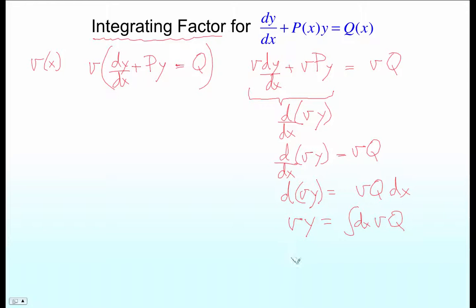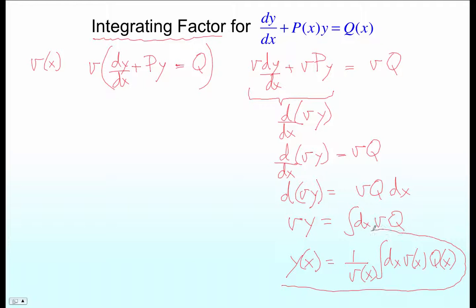And so from here we get the solution. Y of x is then 1 over v of x integral of v of x q of x. And that is the result that we want, because it's telling us that if this integrating factor v of x is known, then all we need to do is calculate this integral. So the next task is find v of x.